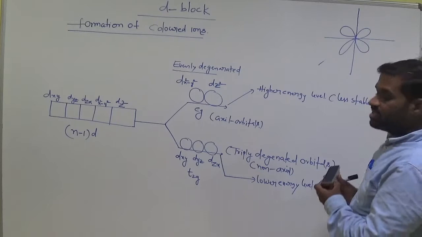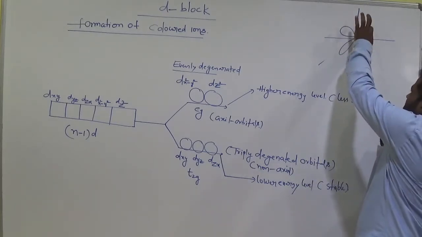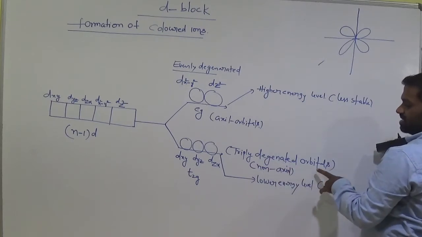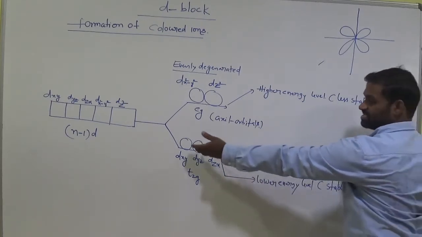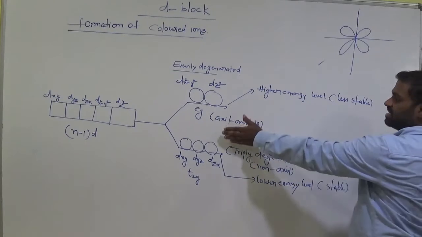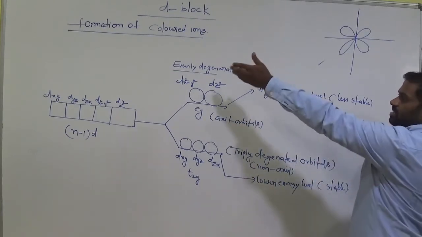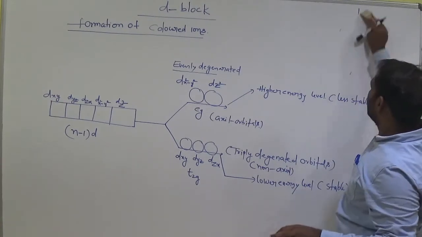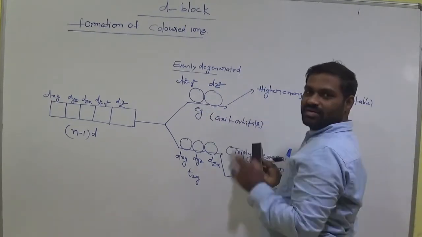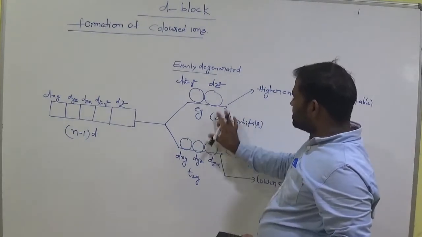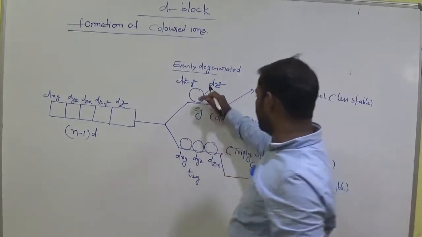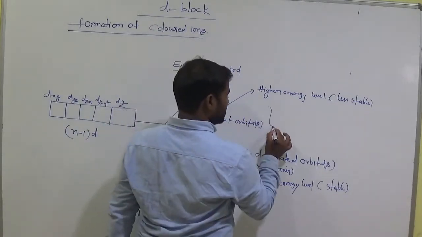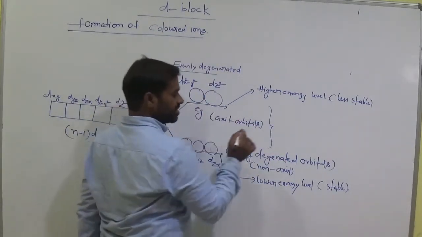Clear? In between the axes, that orbital is called triply degenerate and non-axial. Triple means these three. Clear? This is evenly degenerate. Degenerate means almost the same energy. So after splitting, there is some small energy difference between these two types of orbitals.